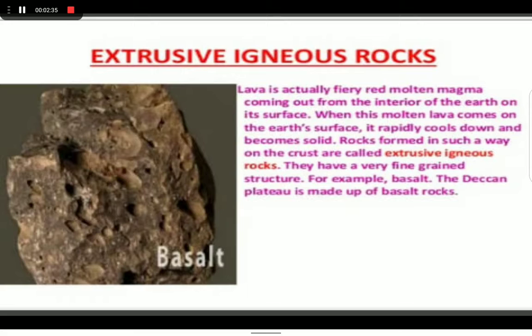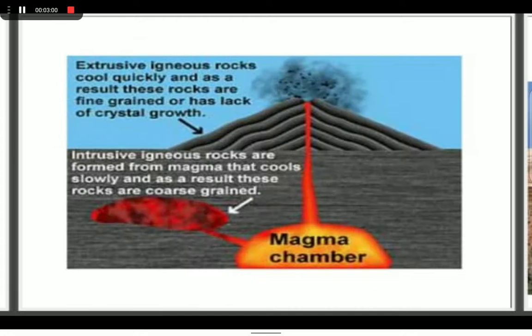Extrusive igneous rock. An extrusive igneous rock is formed from molten magma coming from the interior of the Earth onto its surface. It rapidly cools down and becomes solid. They have a very fine grain structure. For example, basalt. The Deccan Plateau is an example of a basalt rock.